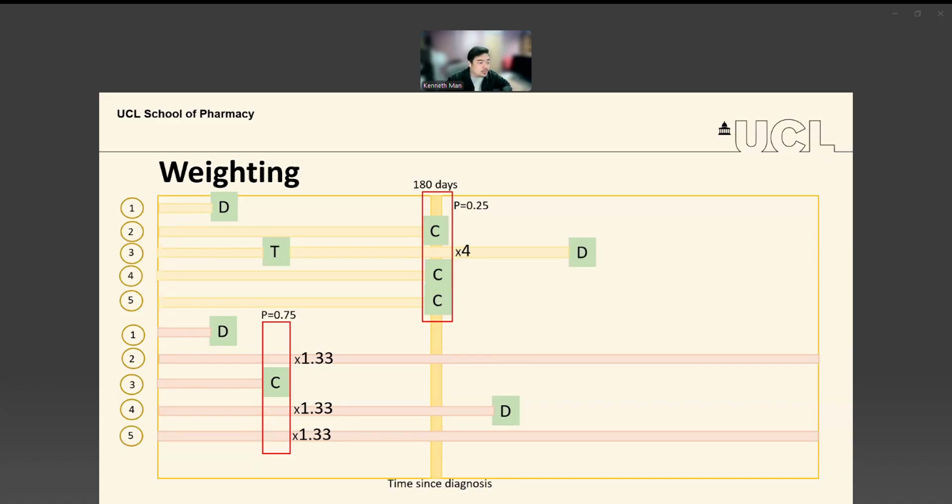And with this, we can calculate the inverse probability weighting for patient number 3, which is 4. So patient number 3 will be upweighted by 4 in our calculation. So that's the weighting bit. And that's pretty much the concept of how we apply clone-censor-weight in a typical study.